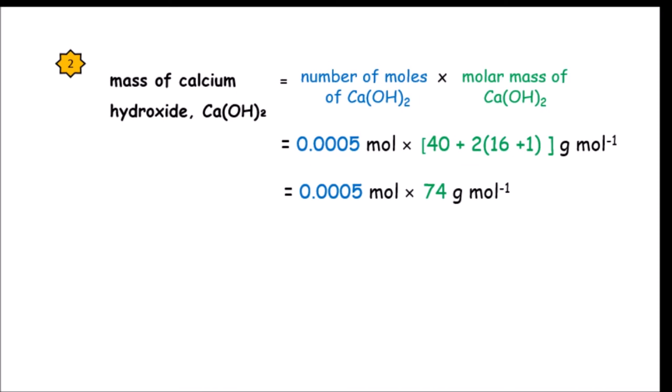When you do the calculation, you need to be careful. So the final answer is 0.037 gram. Mass of calcium hydroxide is 0.037 gram. Good job if you can get the correct answer.